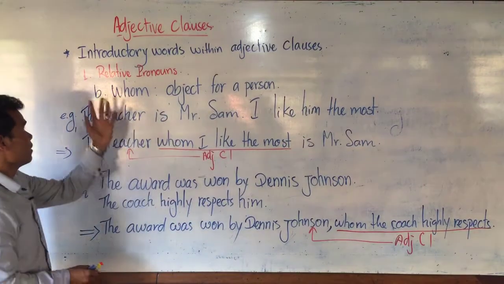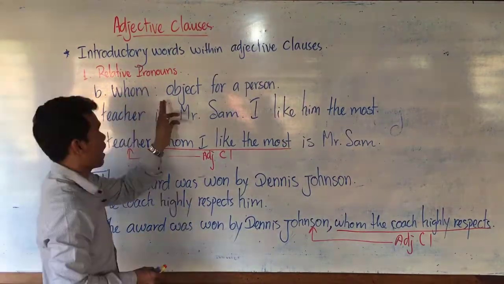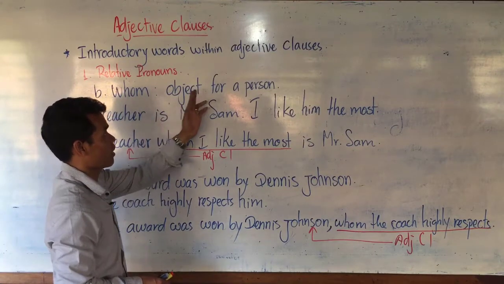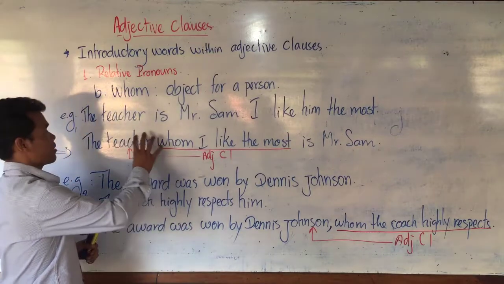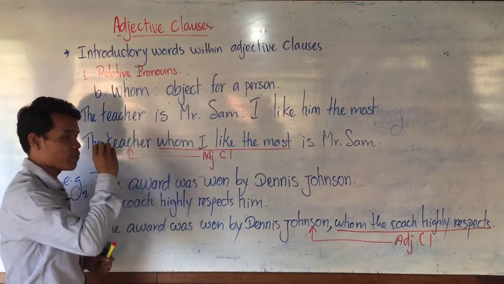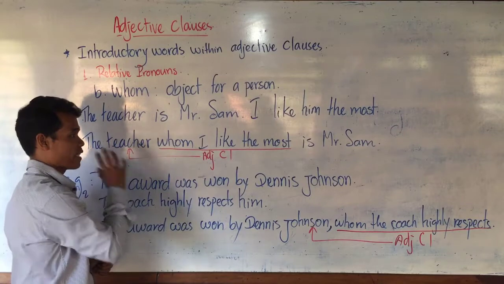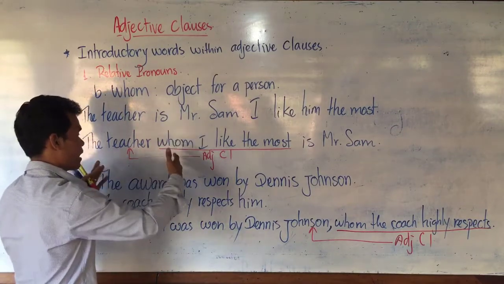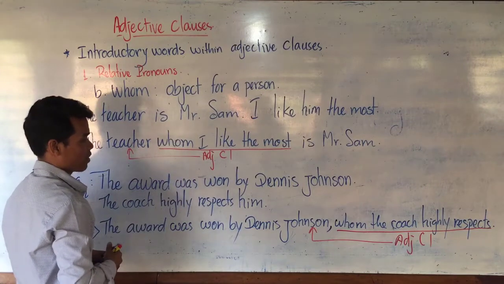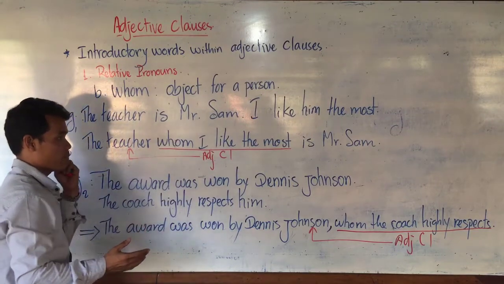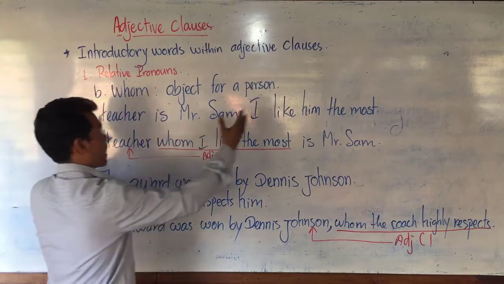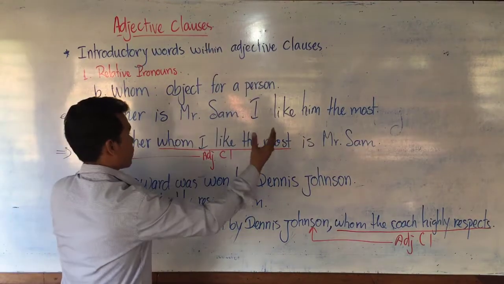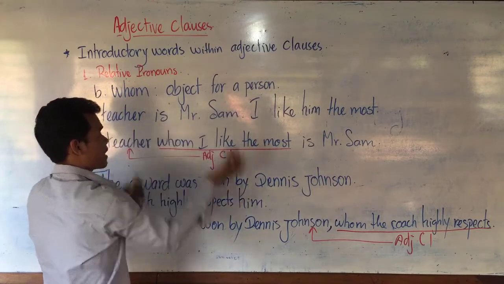Again, whom is used only as an object as a relative pronoun in an adjective clause. It is used for a person. So whom is really formal, more formal than who when it is used as an object. It is used in both defining relative clauses and non-defining relative clauses. But you have to remember that in order to combine two simple sentences, first you have to take a look at the same noun between the first sentence and the second one.